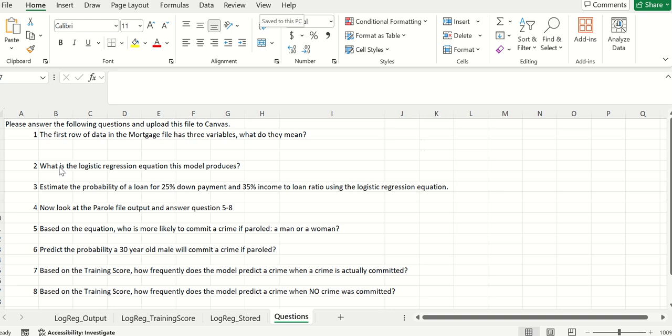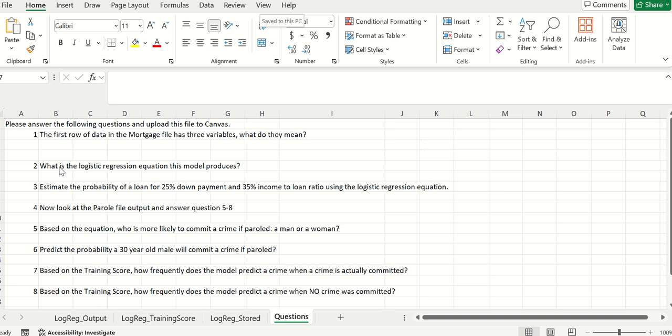So that logistic regression equation that you're looking for really comes from table 9.4 on page 319. It shows you the coefficients associated with it. Very similar to the linear regression, the way that it's reported. However, the way we use the data to interpret these results is very different than the linear. That's what question 3 is asking about.